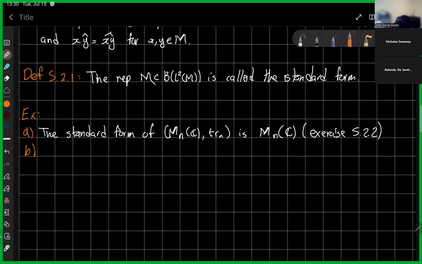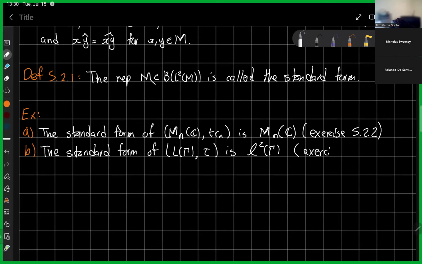The other example is, of course, discrete groups. The standard form of a group von Neumann algebra with its canonical trace is L2. And this is exercise 5.2.3. And here gamma is discrete. Write that down.